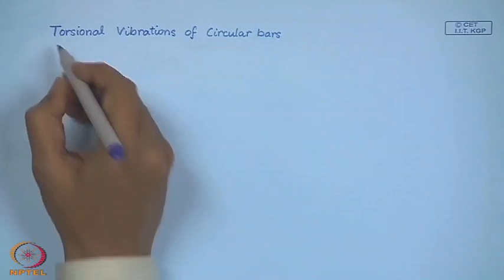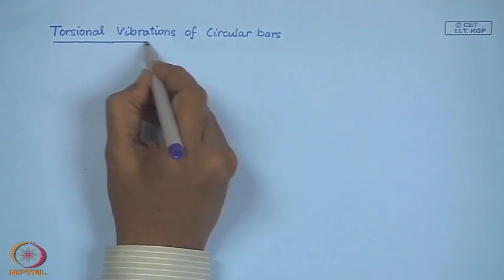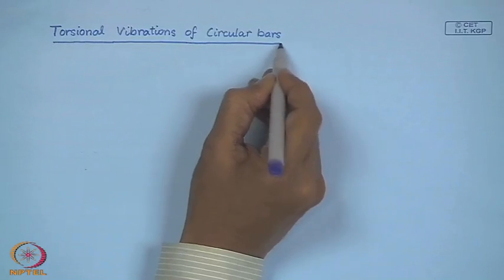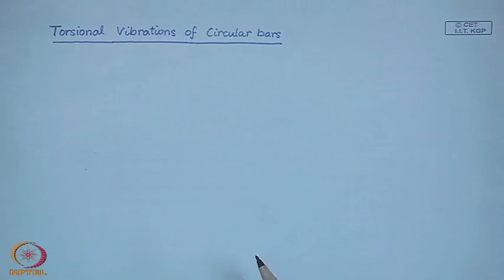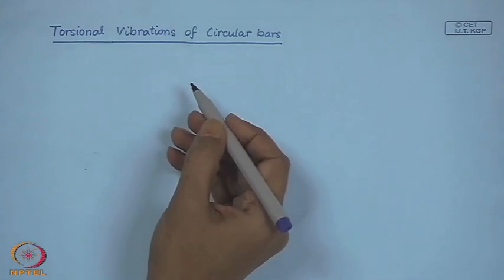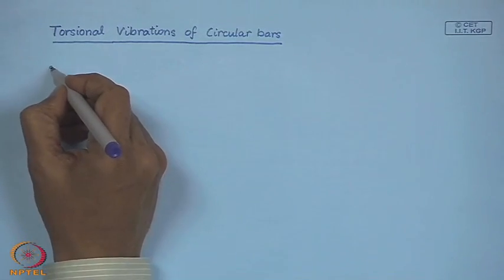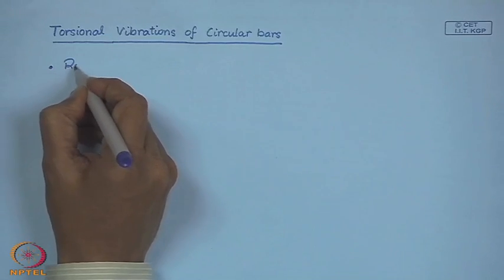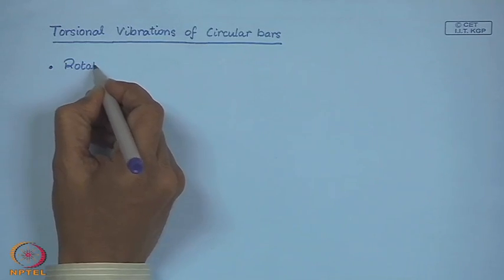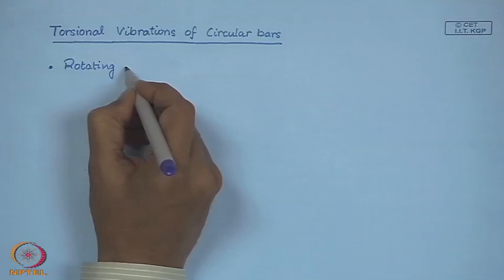We are going to consider the case of torsional vibrations of circular bars only. So, where do we find torsional vibrations of bars? Mostly in rotating machinery.